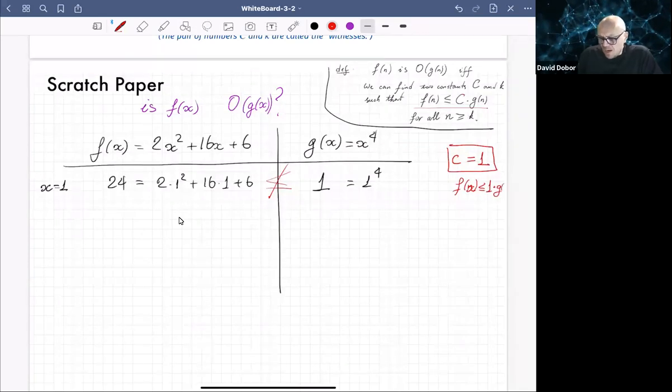In the first line, when x is 1, is it true that this inequality holds? It's not true, because 24 is not less than or equal to 1.